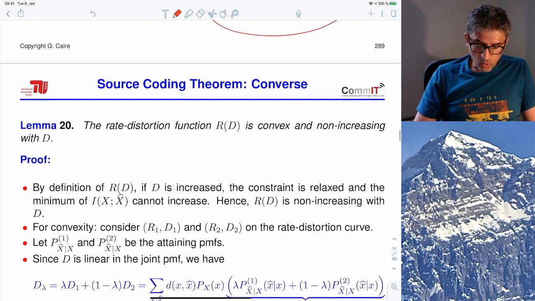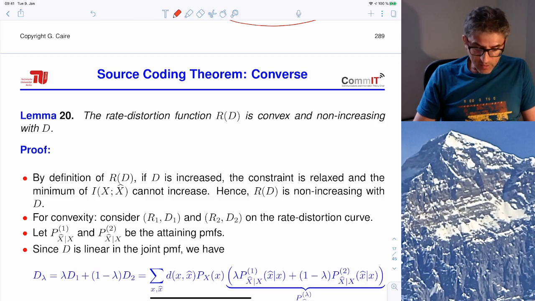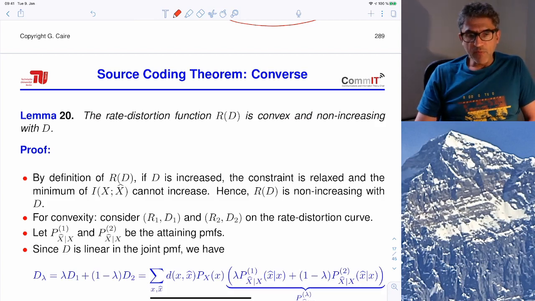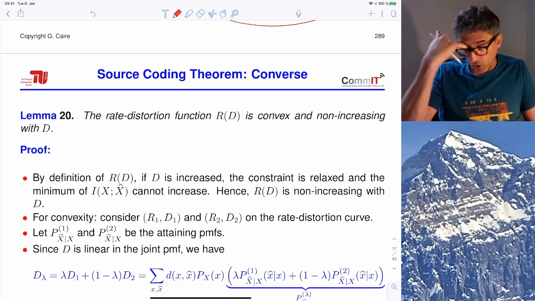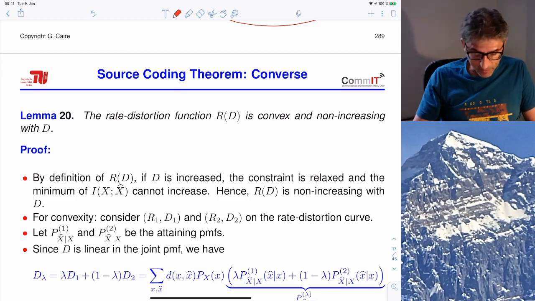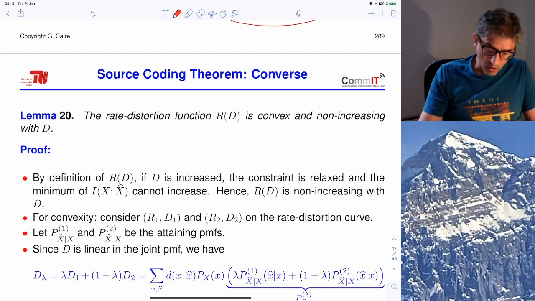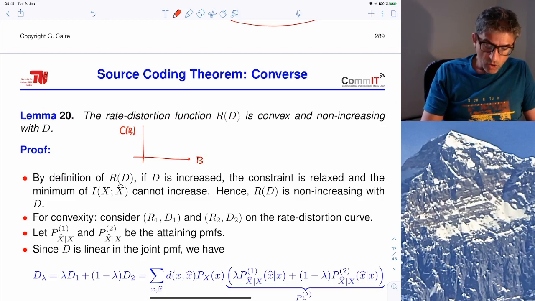In order to do the converse, we need a lemma, which is very similar to the lemma we proved in the converse of the capacity cost function. If you remember, in the case of the capacity cost function, we proved that the function C of B, as a function of the cost B, is non-decreasing and concave.